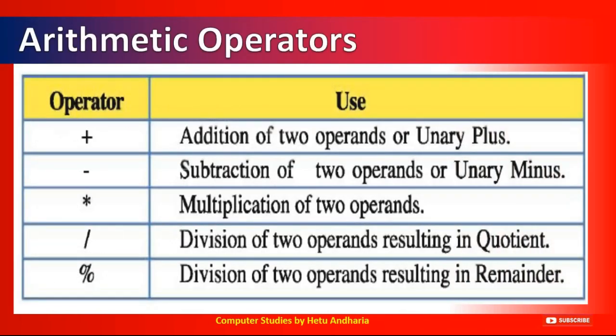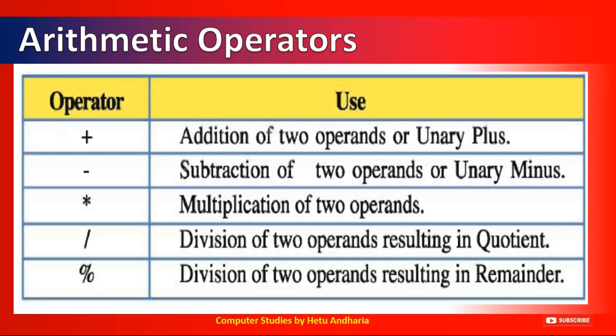Plus is used for the addition of two operands, or it's known as unary plus. Minus is the subtraction of two operands, or it's known as unary minus.